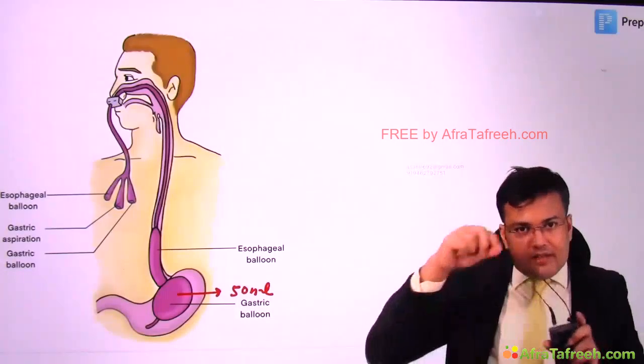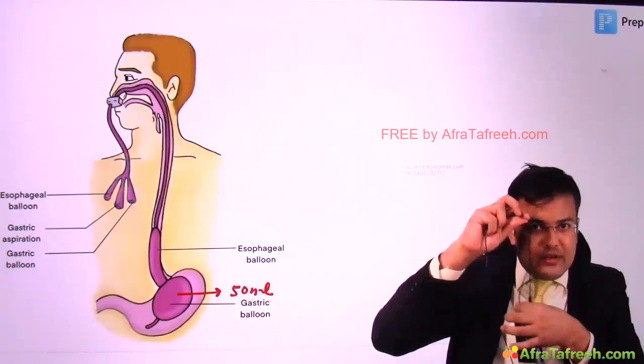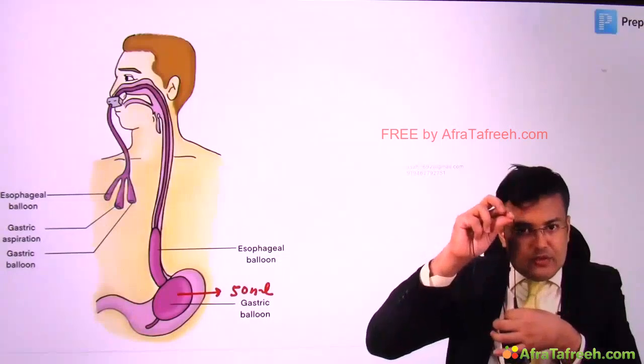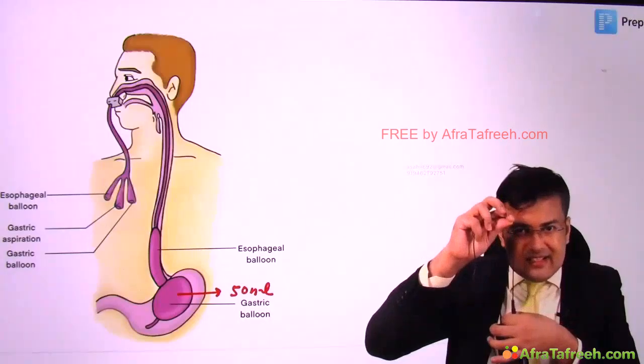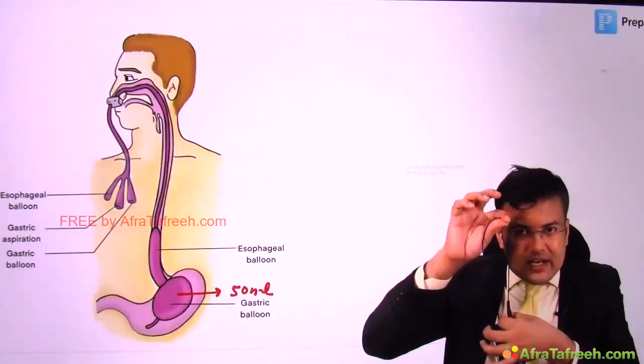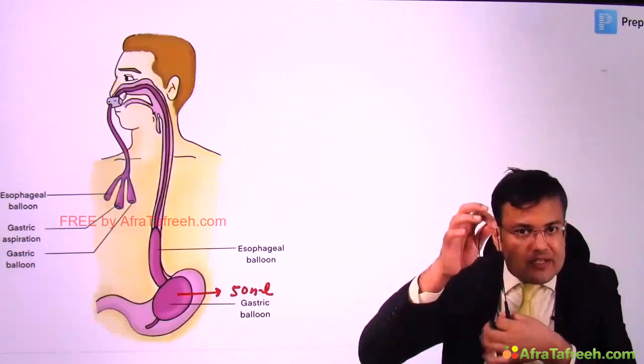So whenever we insert the tube and inflate the gastric balloon, after that, can you see I'm going to pull it. So when I pull the tube, what happens? The gastric balloon is going to be stuck at the GE junction. When the gastric balloon is stuck at the GE junction, now I'm 100% sure that the esophageal balloon is in the esophagus. Clear?